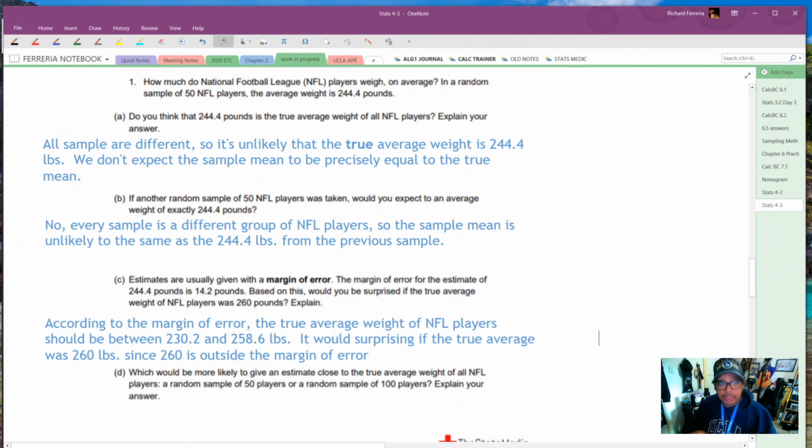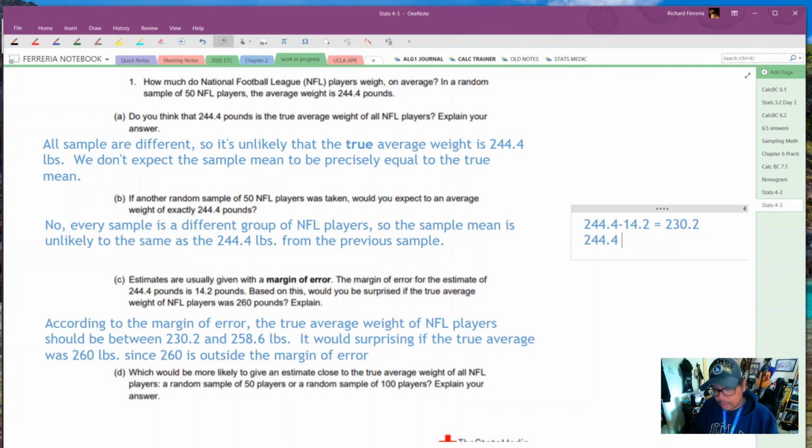Now, where did those numbers come from? Well, over here on the side, let's calculate 244.4 minus 14.2. And look at that, 230.2. And what do you think we get if we do 244.4 plus 14.2? You guessed it, 258.6.